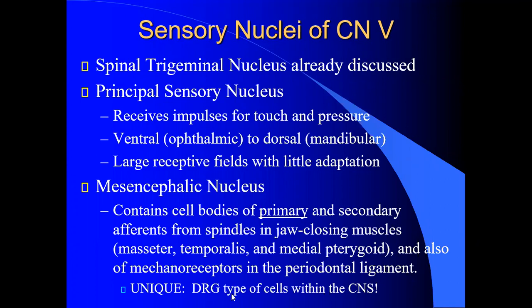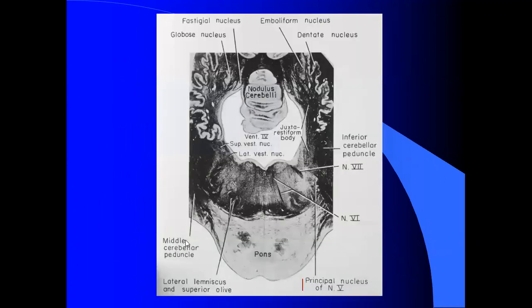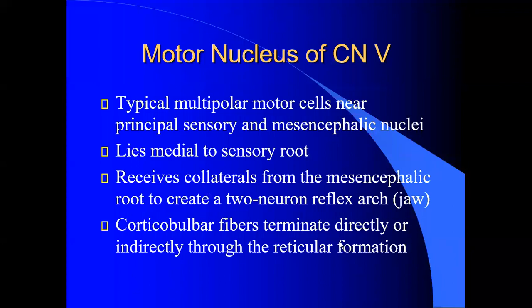And this is sort of where I'm going. So let's back up. Let's look at the principal sensory nucleus of 5, up here. Here's again the middle cerebellar peduncle. Here's the principal sensory nucleus, okay? And the mesencephalic nucleus we're going to see, but you guess where? It's in the mesencephalon, so we're going to have to stretch to see it.